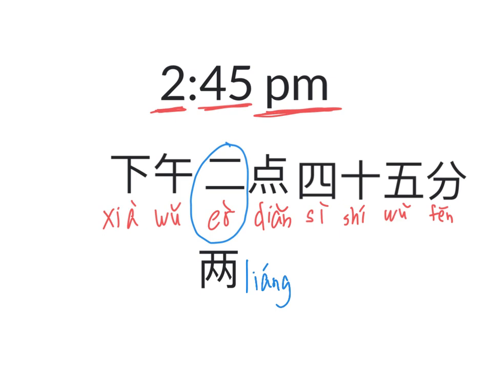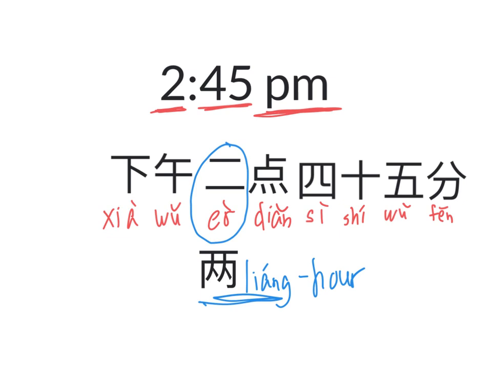In telling time, we use liang if it is in the hour. But if it is in the minutes, you still use the usual 2. So basically, the proper pronunciation for 2:45 p.m. in the afternoon for Chinese is 下午2点45分.